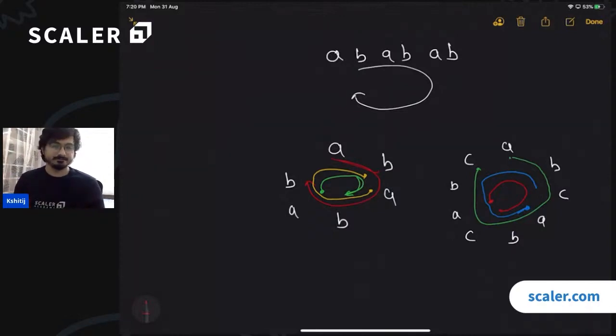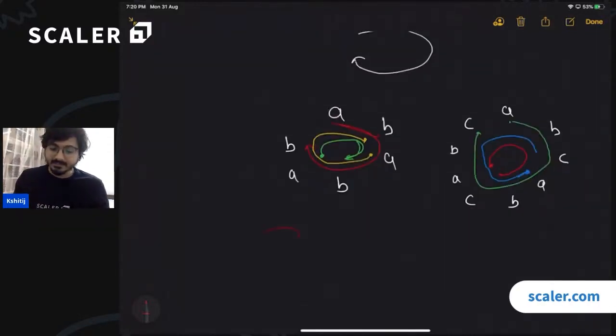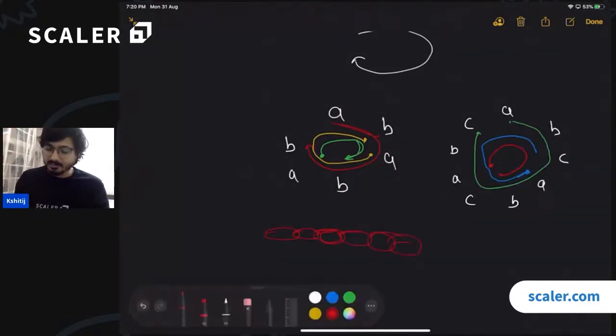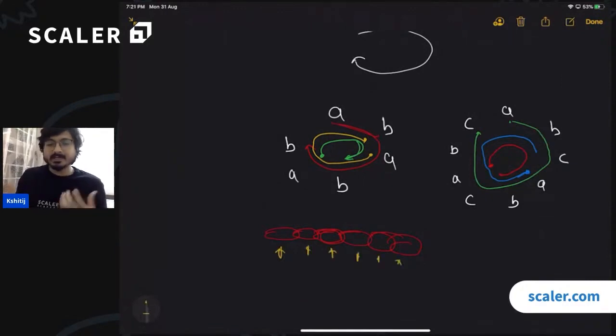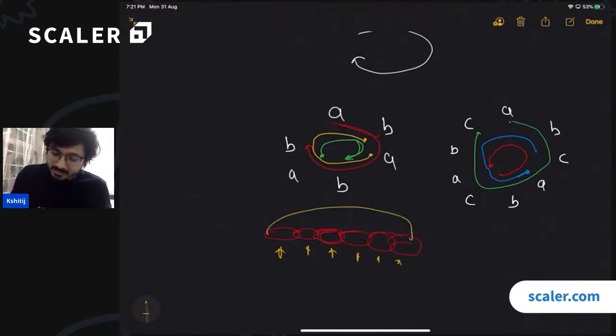You can also assume that you have a chain. What is a chain? A chain is a sequence of similar things. You have a ring of gold and you attach another ring of gold to it and you keep attaching, you get a chain, correct? Now if you join these two ends, which is the start and which is the end, you don't know, right?